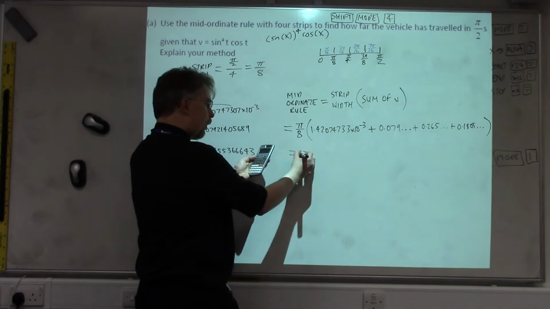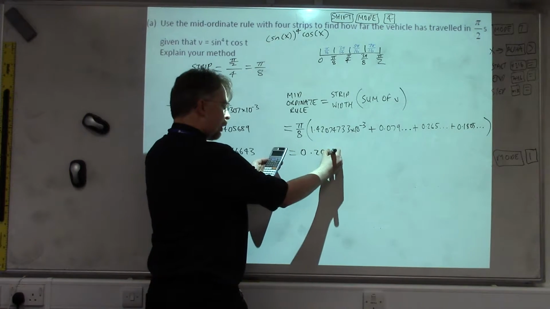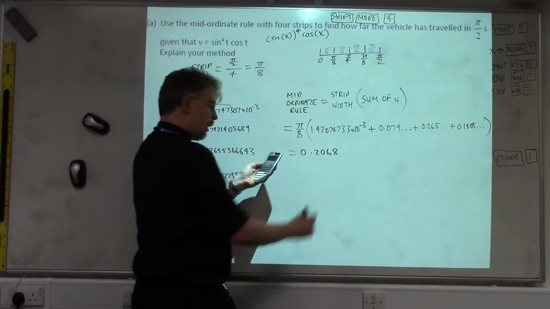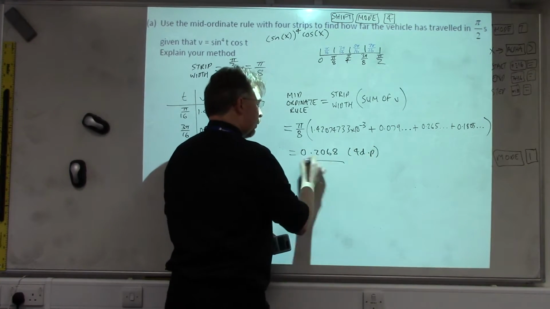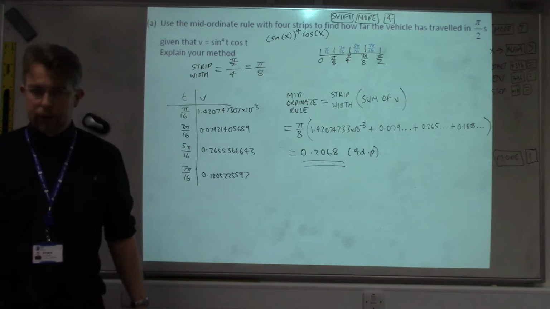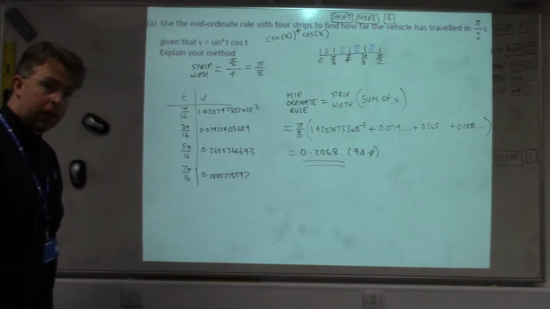As an estimate, to 4 decimal places, that's 0.2068 to 4 dp. So that's the mid-ordinate rule.